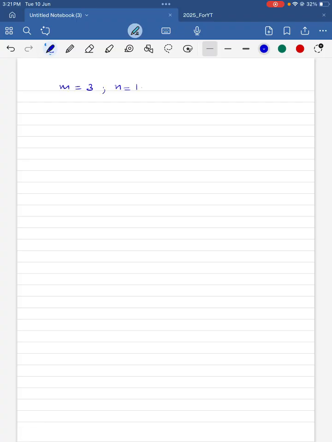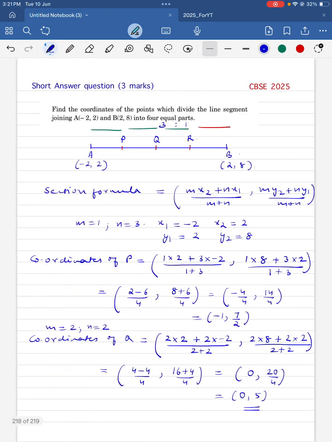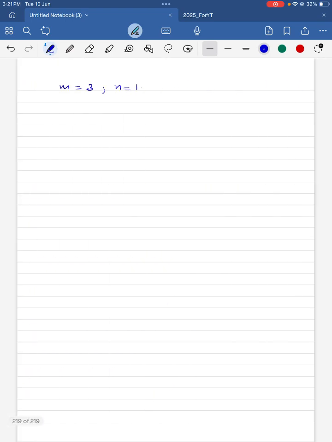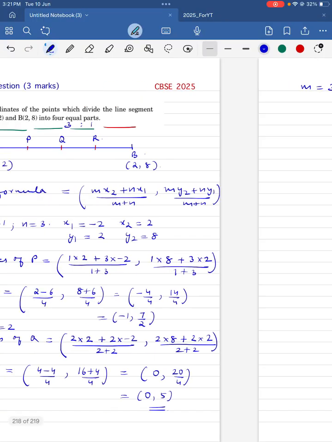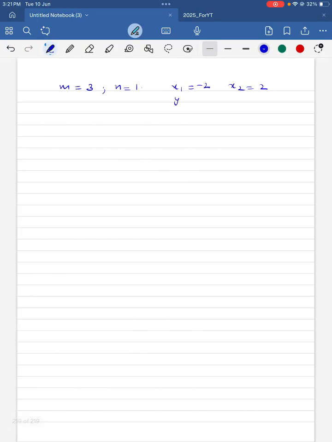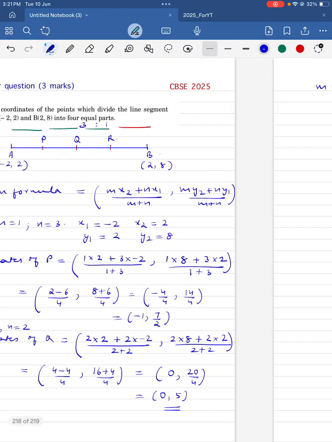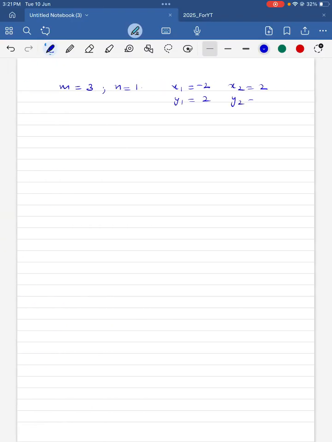And let me write out the values of x1, x2, y1 and y2 here again. x1 is equal to -2, x2 is equal to 2, y1 is equal to 2 and y2 is equal to 8. Okay, so let's find the coordinates of R.